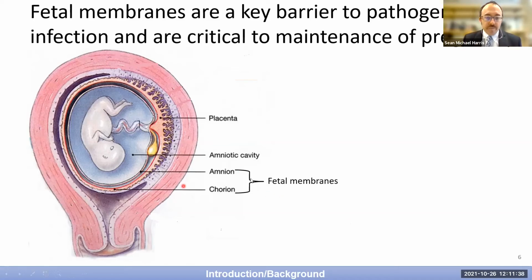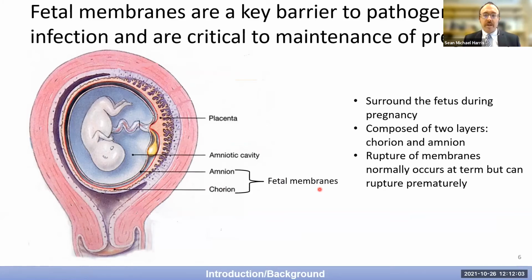The fetal membranes are composed of two layers, one called the amnion, which directly surrounds the fetus and contains the amniotic fluid. And then the next layer out, going towards the maternal side, is the chorion, which is basically an extension of the placenta that surrounds the amnion. So these two layers together are what we call the fetal membranes.